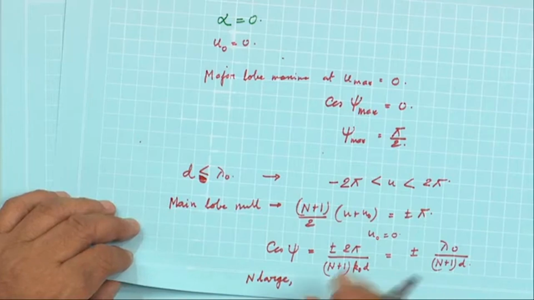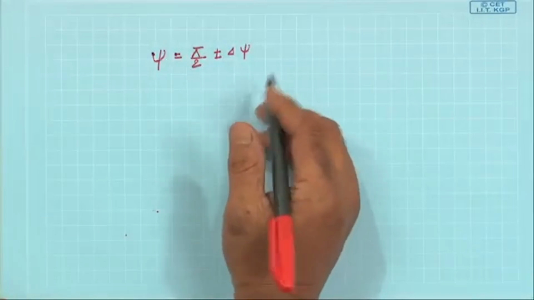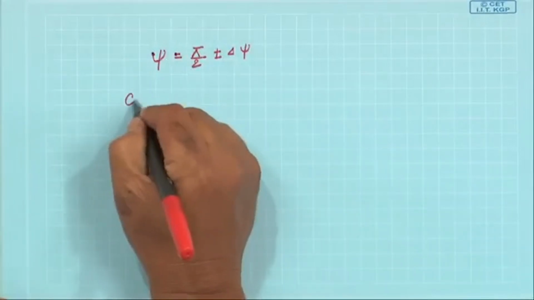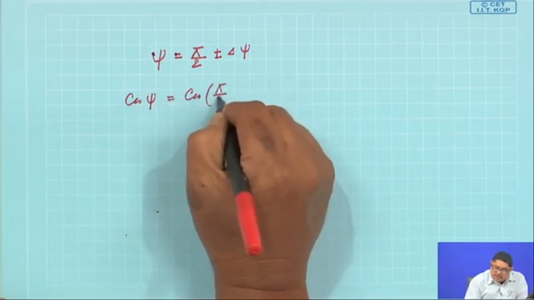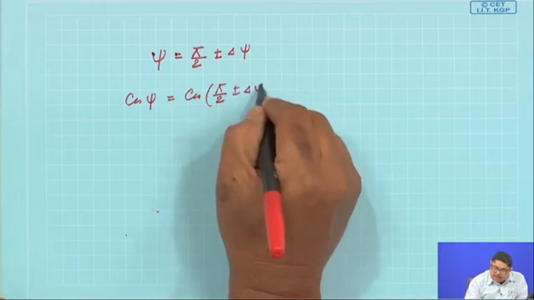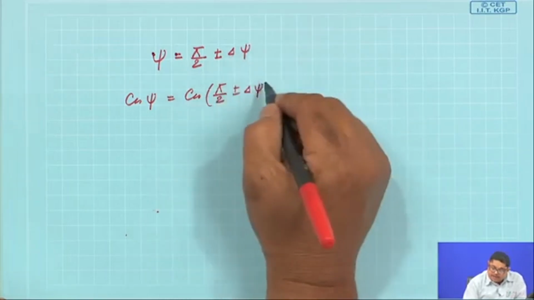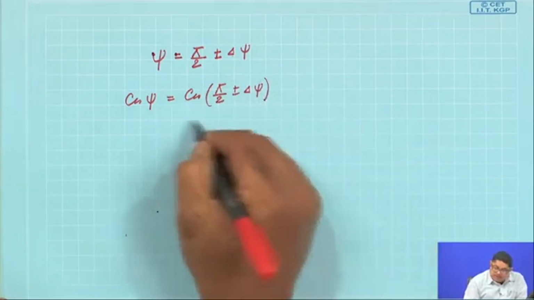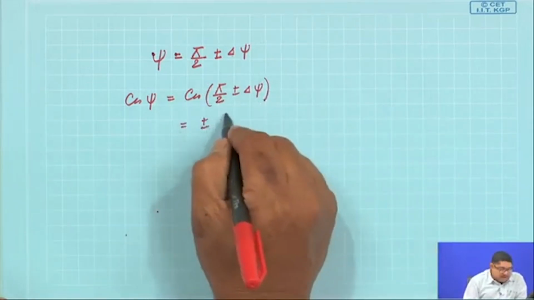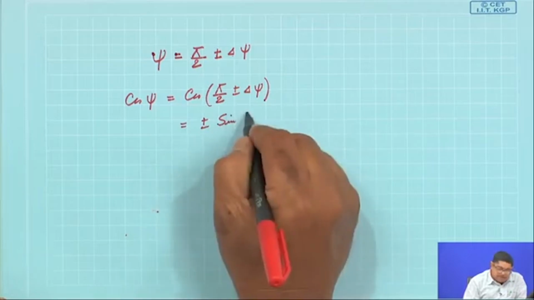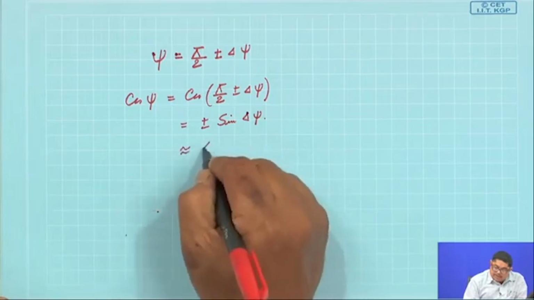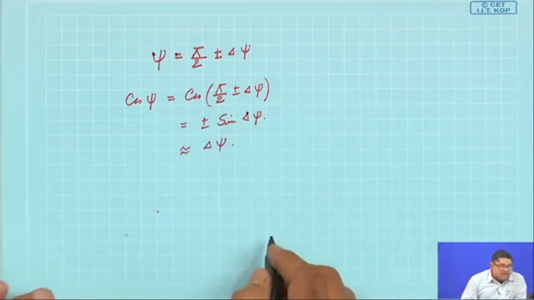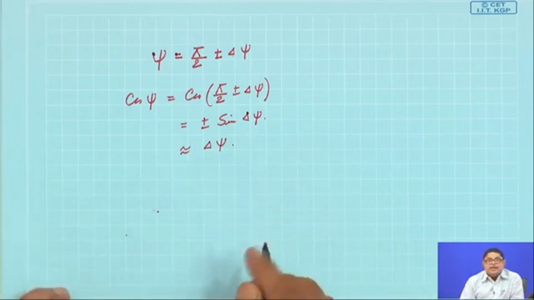So, psi is pi by 2 plus minus something on both sides. So, we can write cos psi is cos of pi by 2 plus minus delta psi. This is small, that is why I am writing delta psi. So, this is plus minus sin delta psi, that means delta psi. So, I got the value of delta psi.